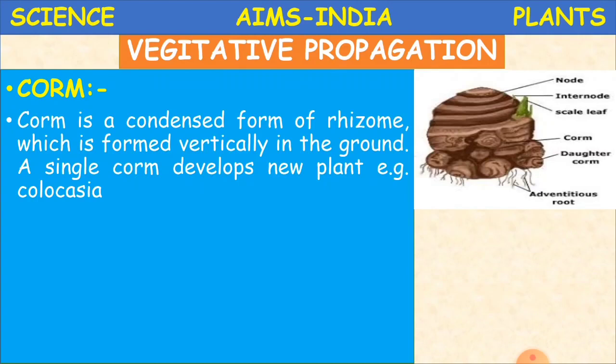So what did we learn of rhizome? Rhizome like ginger, we gave an example of ginger, where you can see the growth of a new plant from the nodes. And here, this is formed vertically in the ground, and a single corm develops a new plant, for example colocasia.